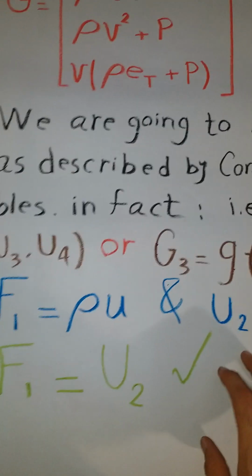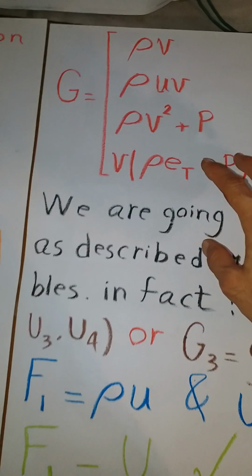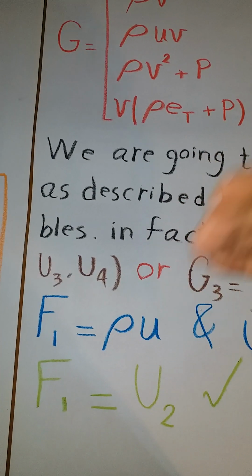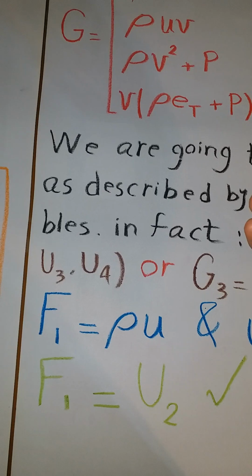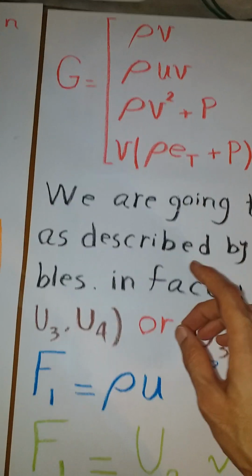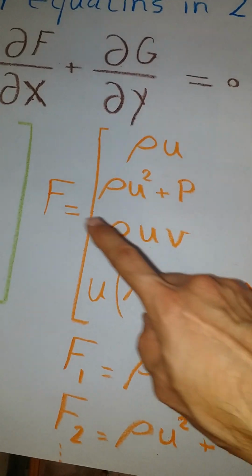Okay, if we are going to state flux elements, in fact, we are going to describe and derive the flux elements in conserved variables. For example, as you can see here, the first element of F is rho U, okay?